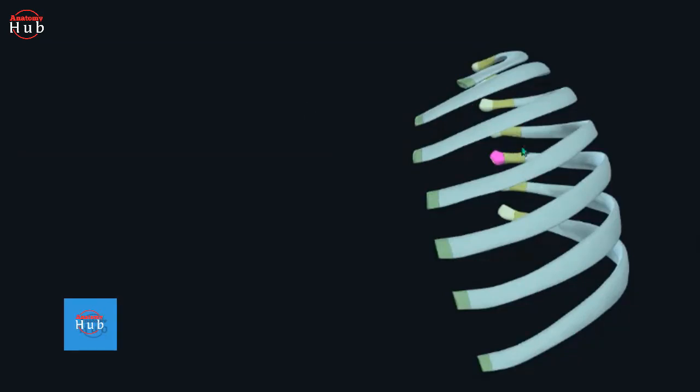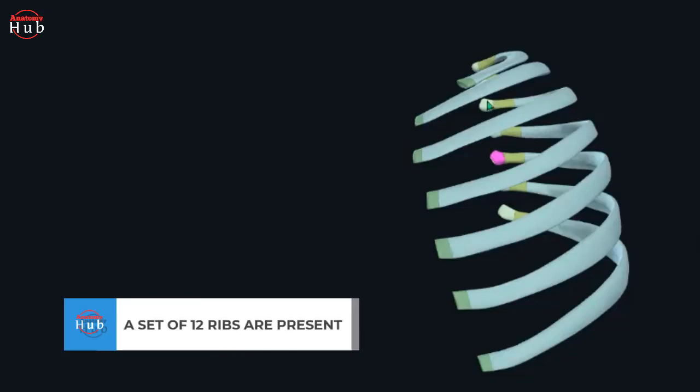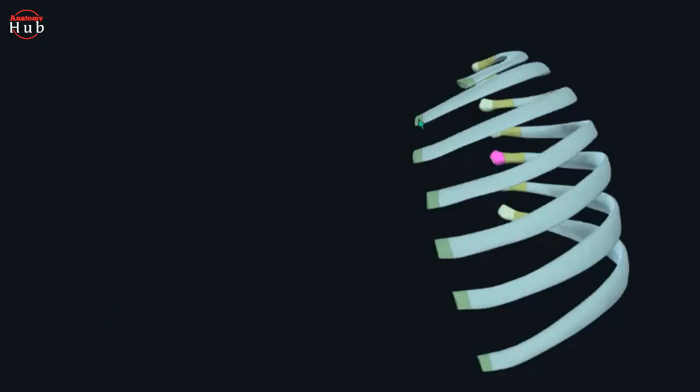They articulate with the vertebral column posteriorly, and they terminate anteriorly as a cartilage. They are known as the costal cartilage, and that costal cartilage will articulate with the sternum.